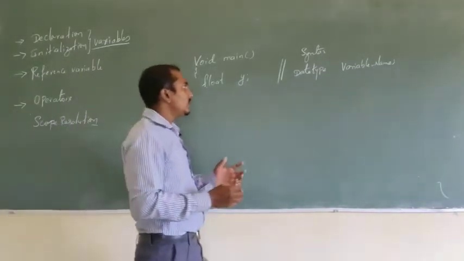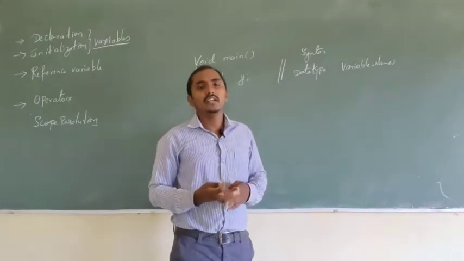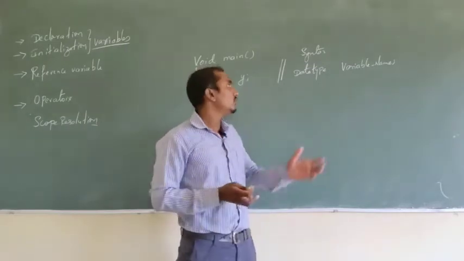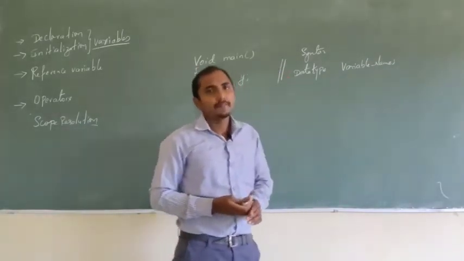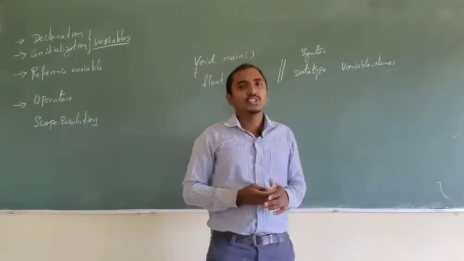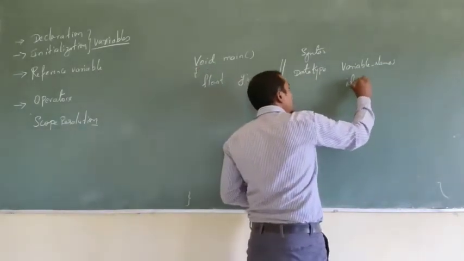Now in this case, data types, as you know, are integer, character, float, double, boolean, all those things. It will be followed by the variable name. This variable name will follow the rules of identifiers.